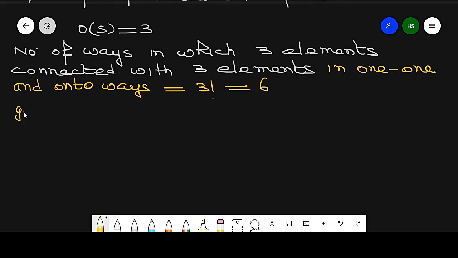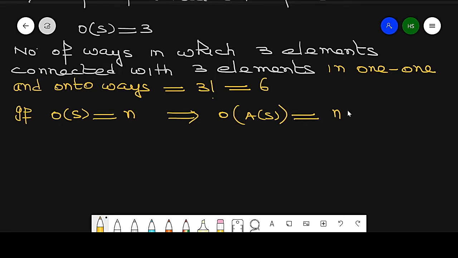Now if order of S is equal to n, then order of A of S, the permutations, is n factorial. So remember that if S has n elements, then order of A of S is equal to n factorial.